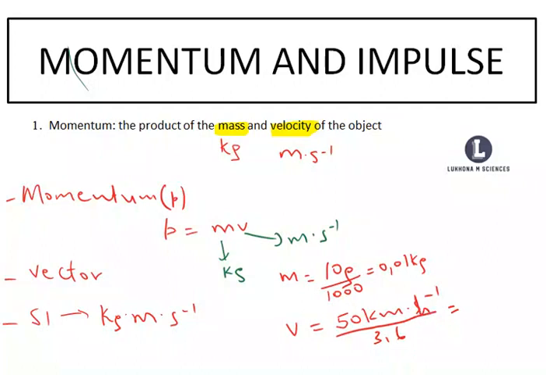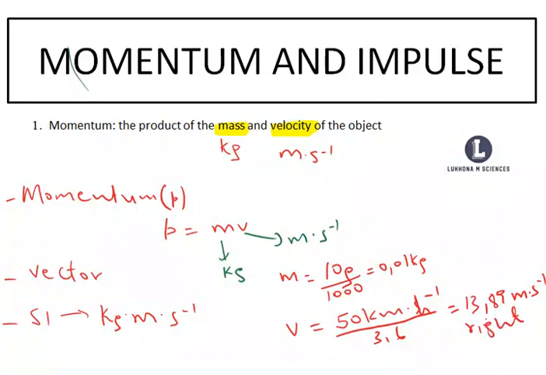So it's 50 divided by 3.6. Then we have 13.89 meters per second. Let's say it was directed to the right.